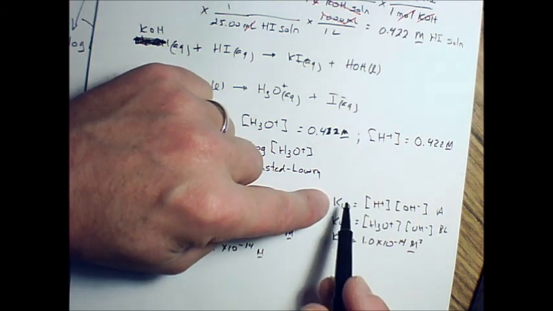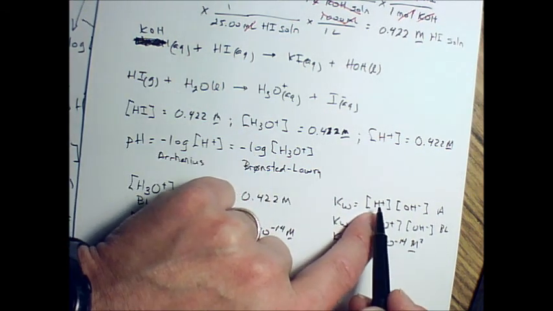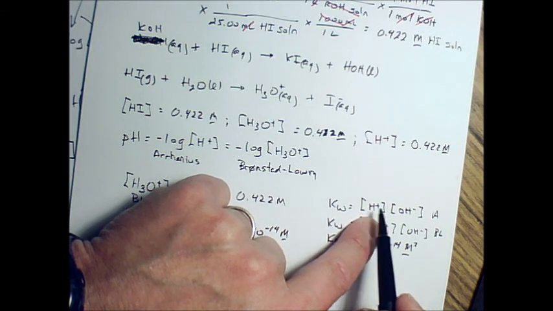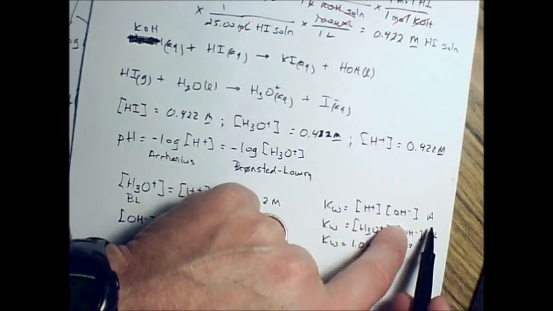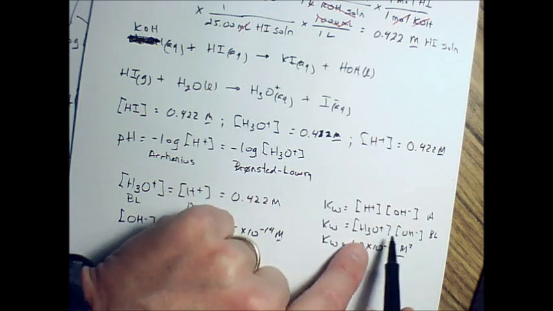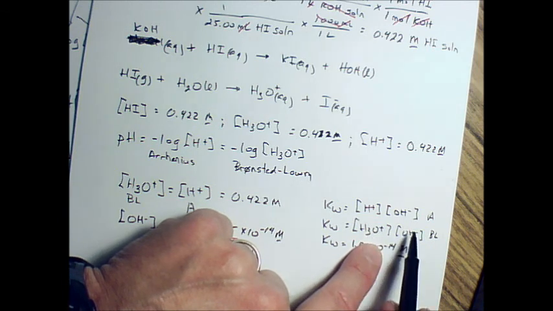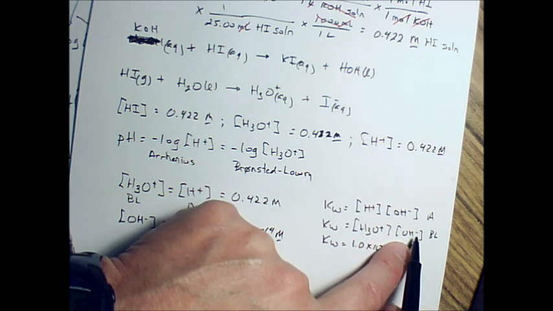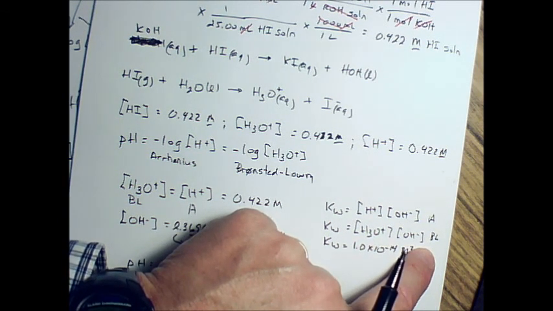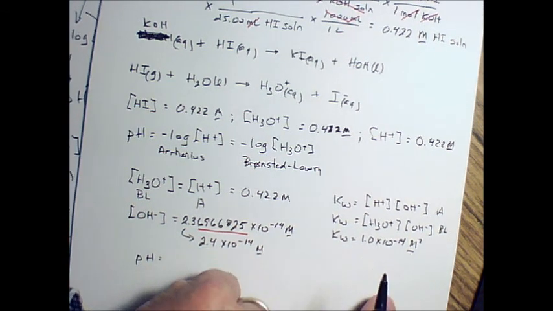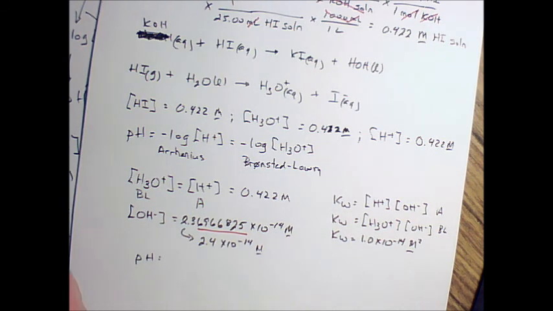Kw, we said by definition is the hydrogen ion molar concentration times the hydroxide ion molar concentration in the Arrhenius system. Therefore, Kw is the hydronium ion molar concentration times the hydroxide ion concentration in the Bronsted-Lowry system. And the number for Kw is always the same, 1.0 times 10 to the negative 14 molar squared.